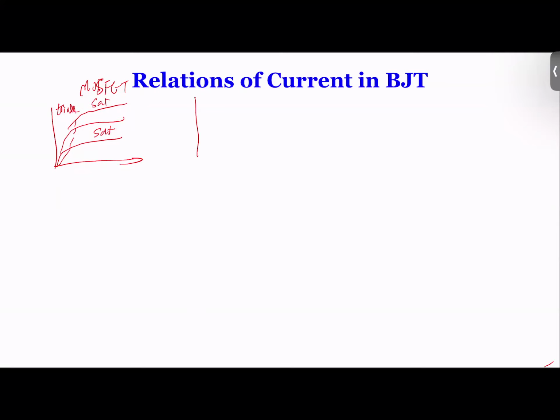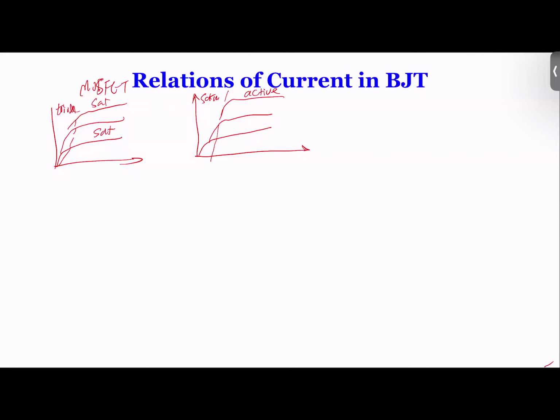But for the BJT, the names are slightly confusing as you move along. We have this one called the saturation region, and this one called the active region.